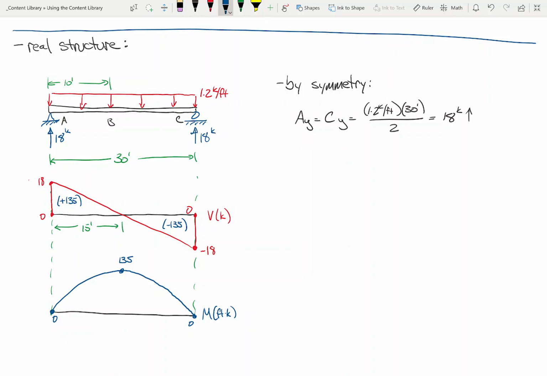Now, this is a really, really easy problem. Okay? But I think it's valuable to do this shear and moment diagram construction now, because on your homework, the homework's hard, okay? And so I think it's valuable to go through this exercise. Even though this exercise will not directly result in M of x functions, what do we know about the M of x function for this beam after this exercise?